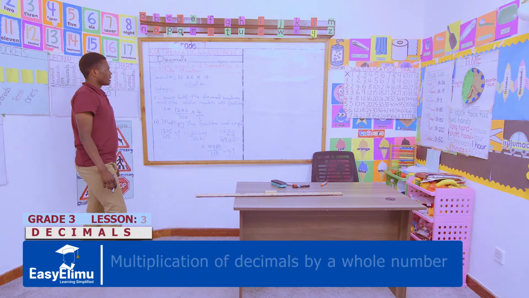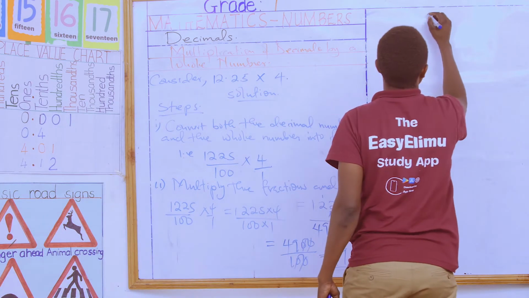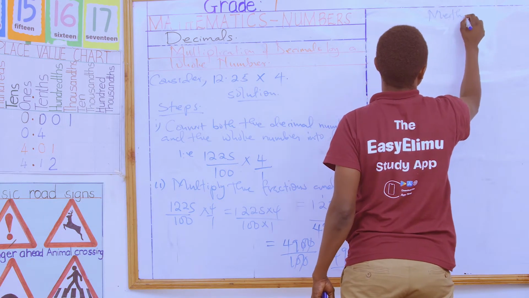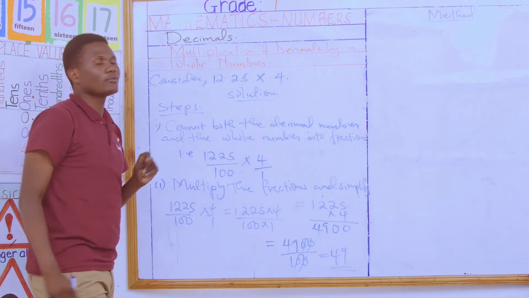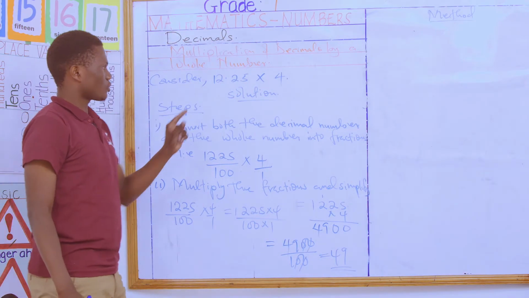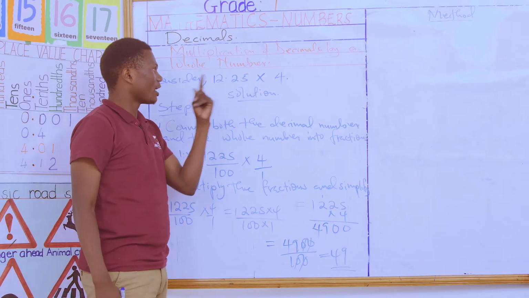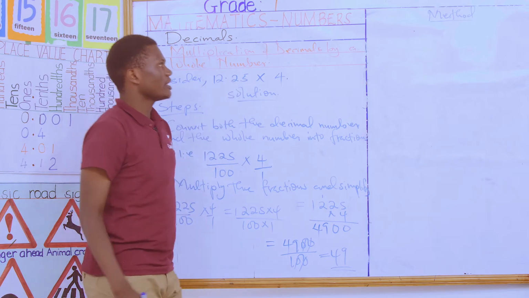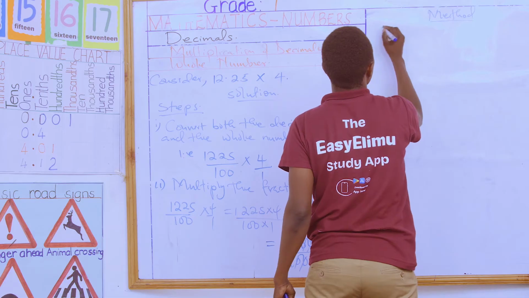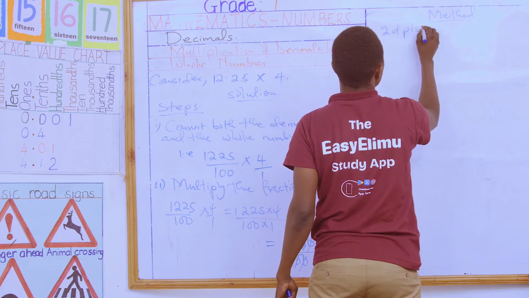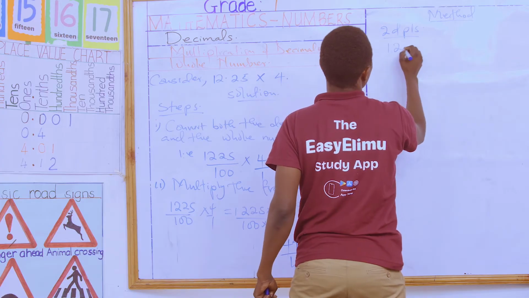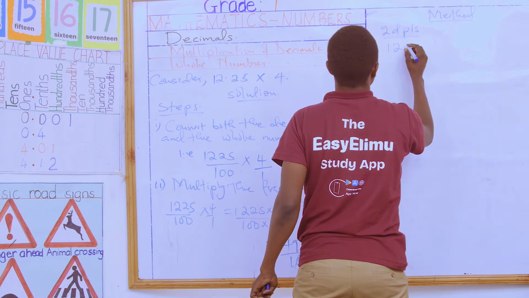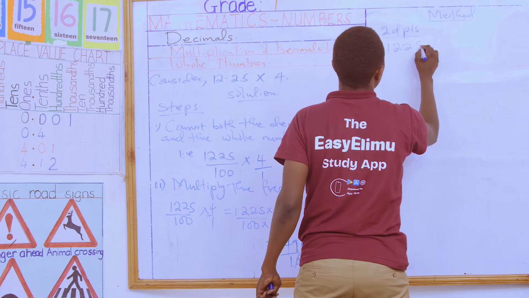Are we together? Another method that you can use to multiply decimals, simply take note of the decimal places. So how many decimal places do we have here? 1, 2. Then once you know that we have 2 decimal places, take the number without the decimal point, which is 1225.